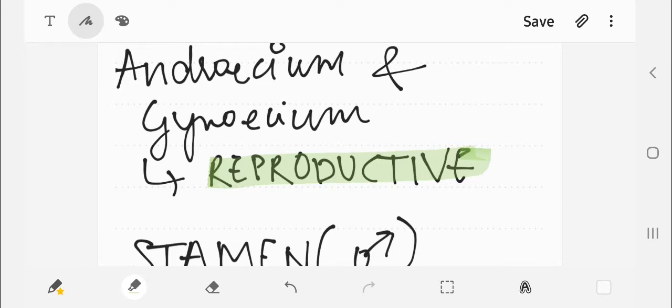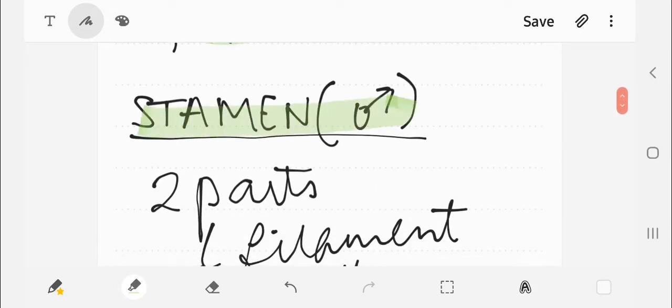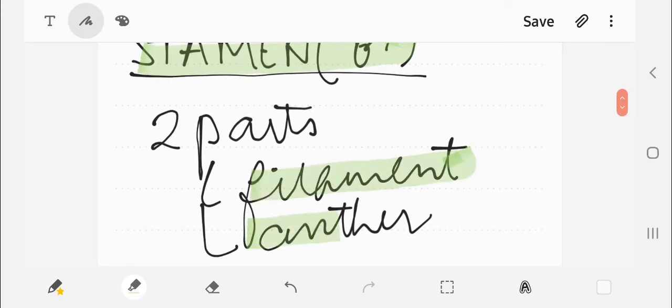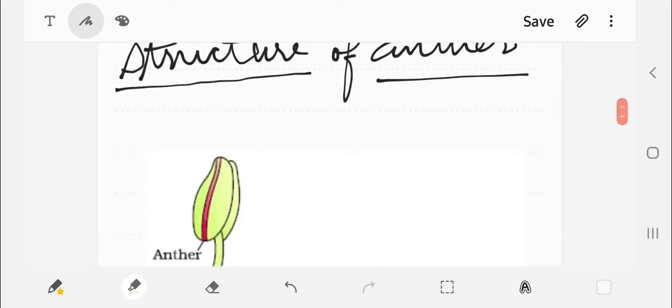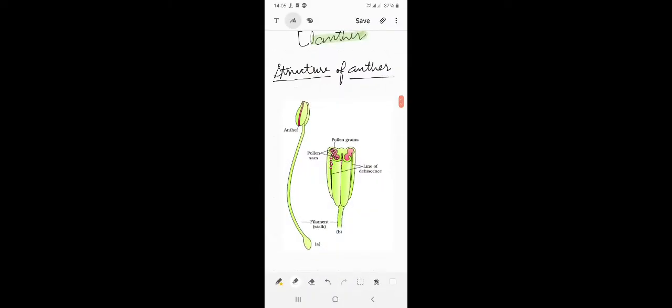So first we are taking the male reproductive unit known as stamen, and stamen consists of two parts, that is filament and anther. As you can see in the NCERT image, you can see that long stalk-like structure, the thread-like filament, and the anther is at the tip of the filament.